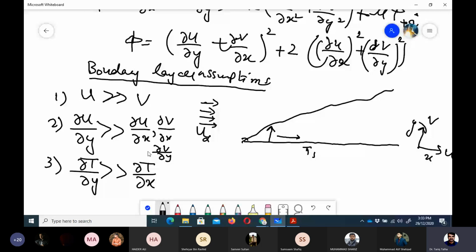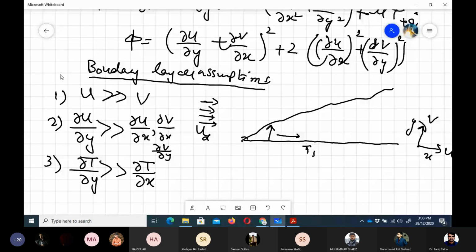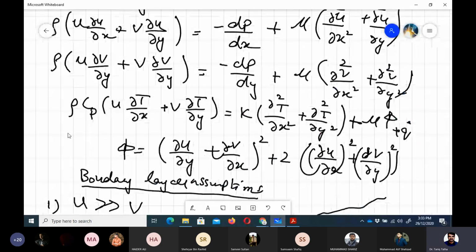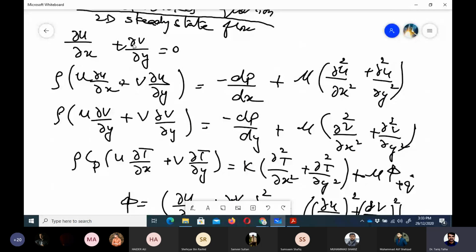So if we apply it here, what will happen? Let me go back. We leave the continuity equation because that only comes from conservation of mass. So we start with the momentum equation. In this, the first term, u, is multiplied with partial u by partial x.